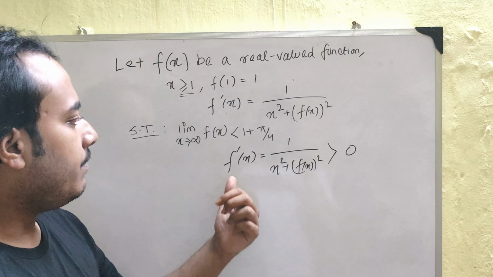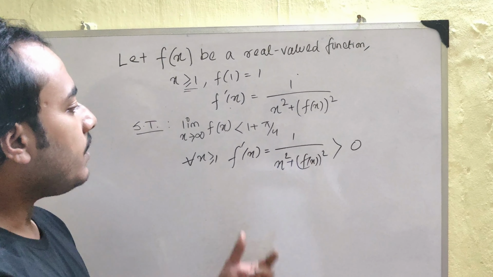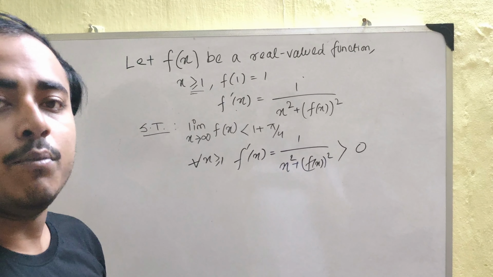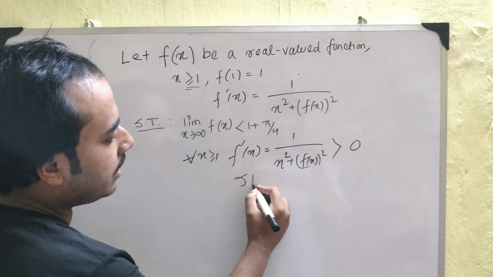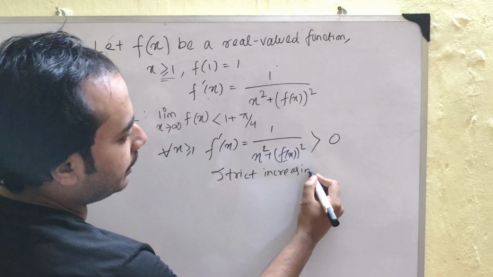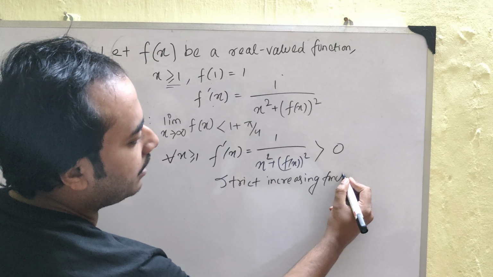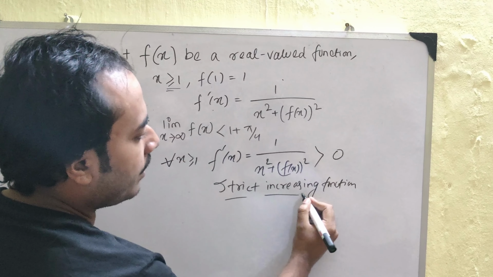When the derivative of a function is greater than 0 for all values of x greater than or equal to 1, which is the domain of this function basically, then we can say this is a strictly monotonic function. This is a strictly increasing function, right? And what does that mean?